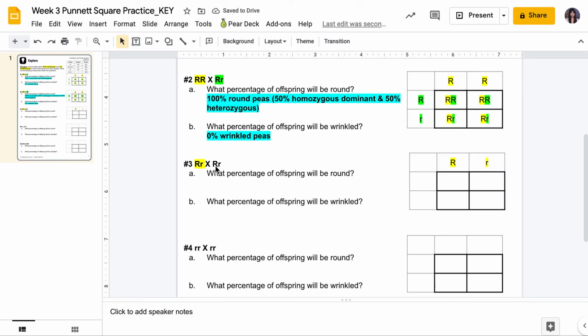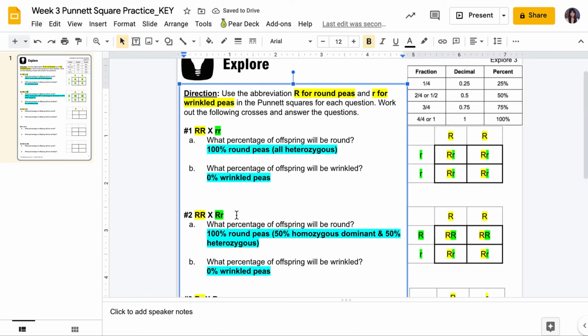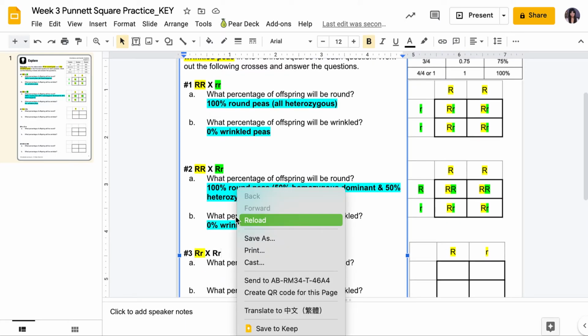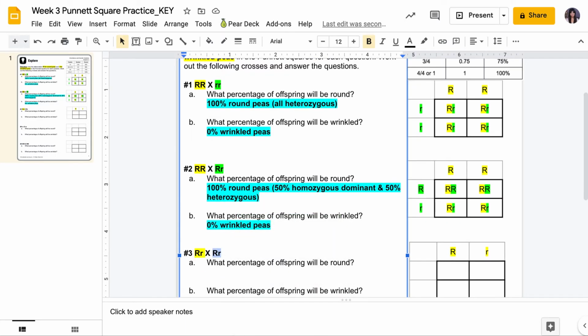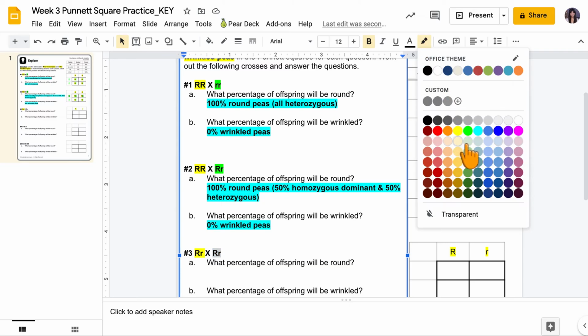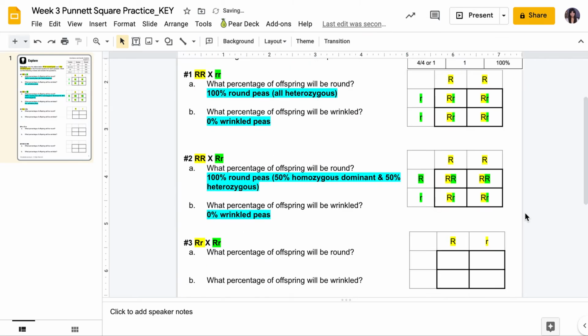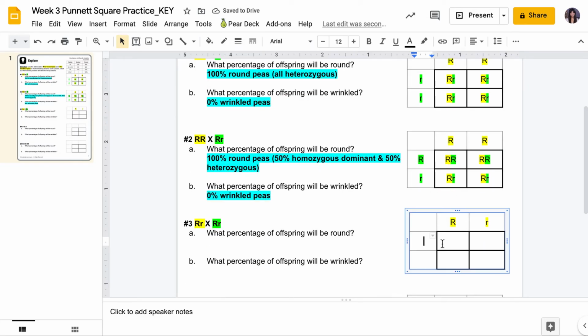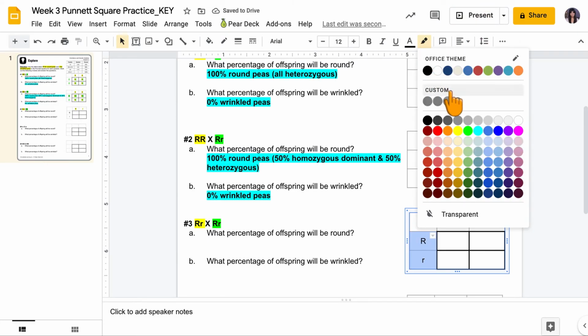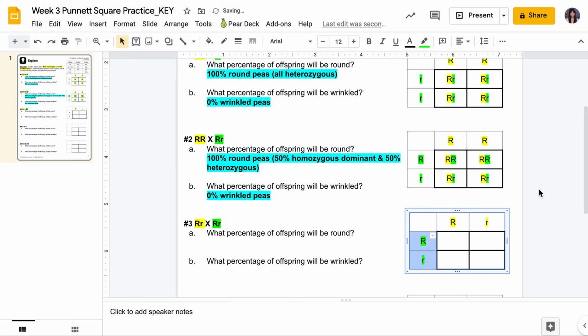And right here on the right side, it is the second parent. And I'm going to put it right here as well. Uppercase R, lowercase r. Give it a try. What do you think will go inside?